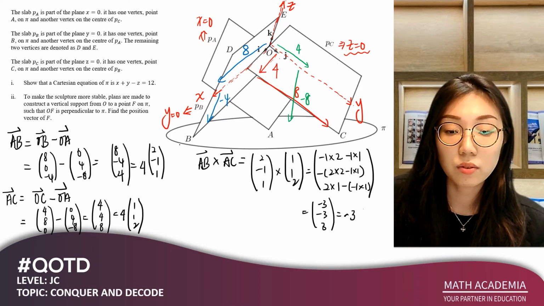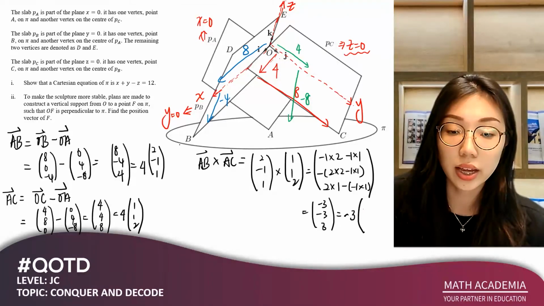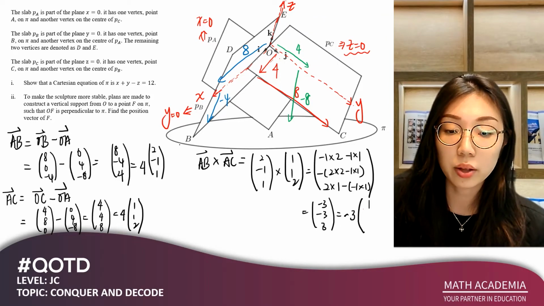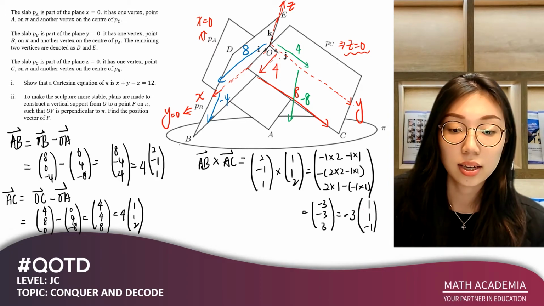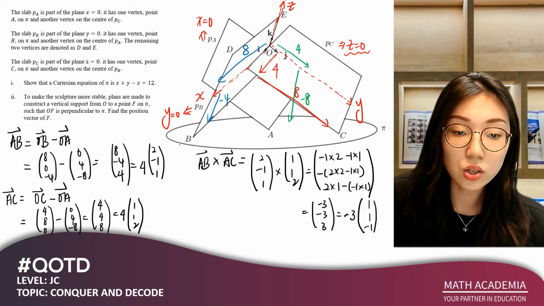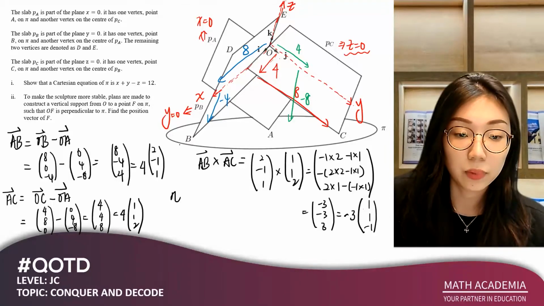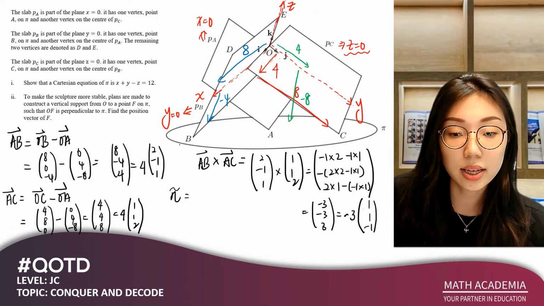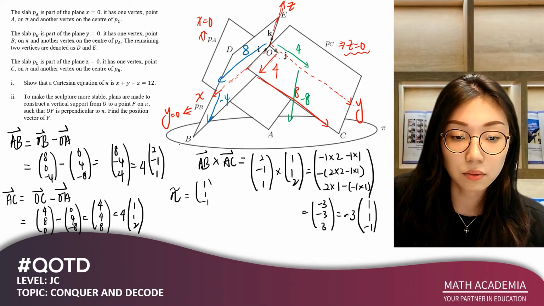If I factorize out my common factor of negative 3, I'll be left with 1, 1, and negative 1. So therefore, the normal of plane pi is 1, 1, and negative 1.